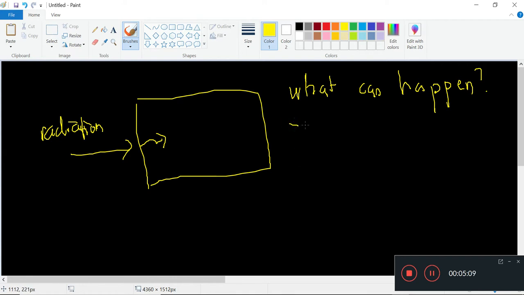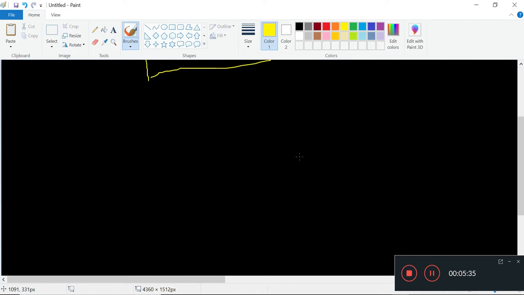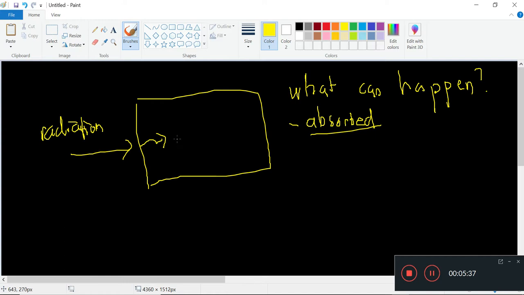First thing first, that's what we discussed in the glass example. Sometimes radiation can be absorbed. So what does absorption mean?